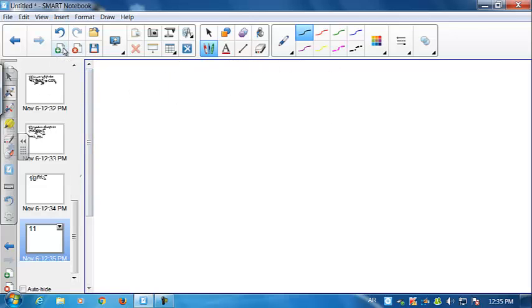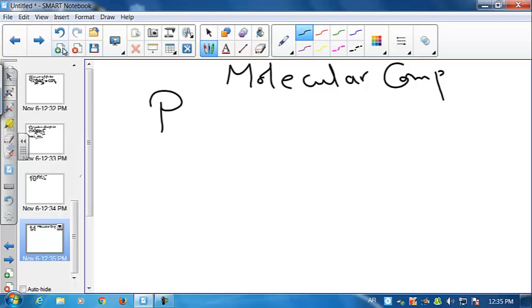Okay, for molecular compounds, we will deal with it like this. Let us put one of them, P4O10, for example. So we use the first prefix, tetra, and then the first element, phosphorus.